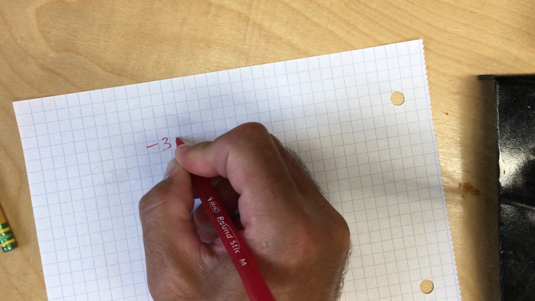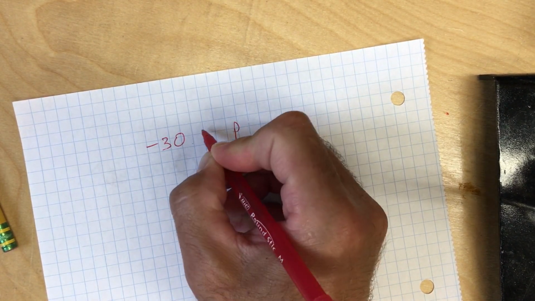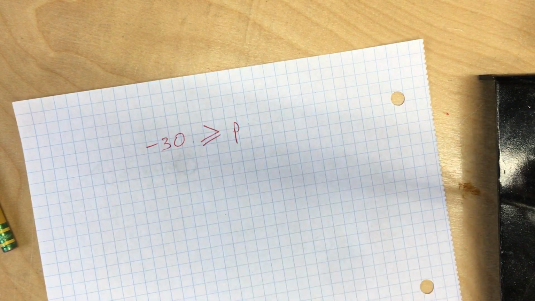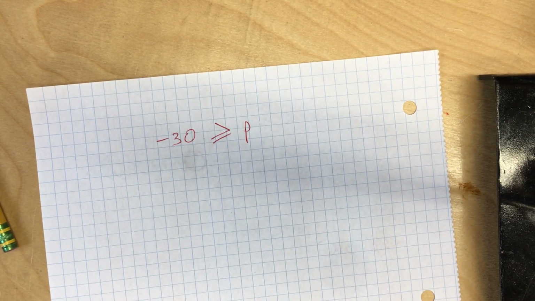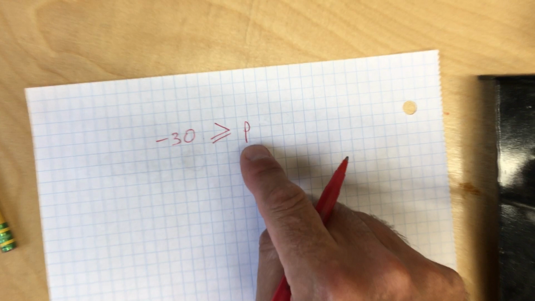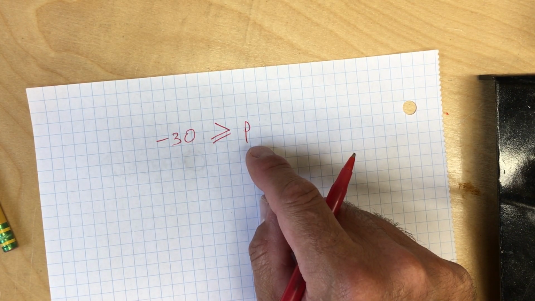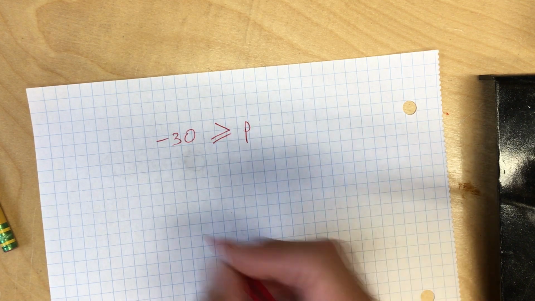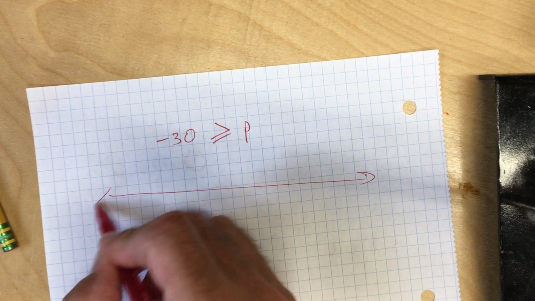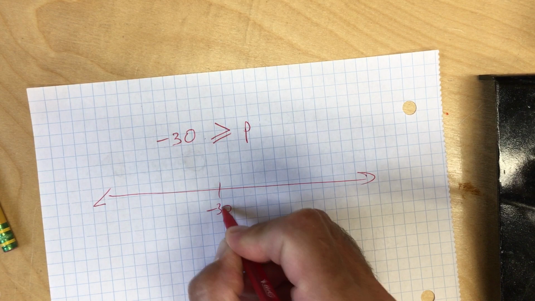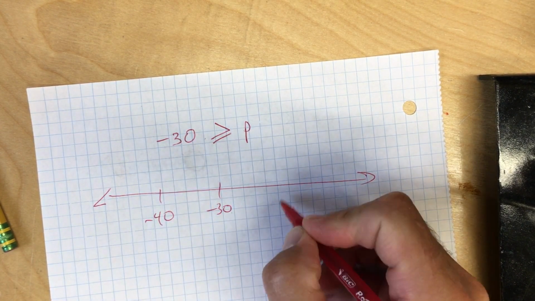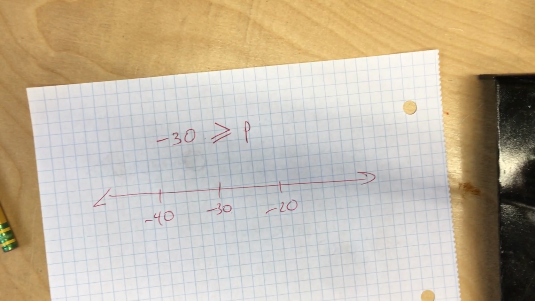Sometimes the inequalities will be written with the variable on the right side. So how do you deal with this? Well, let's see. There's my number line. I'm going to put negative 30, so I know the smaller numbers go to the left and the right.